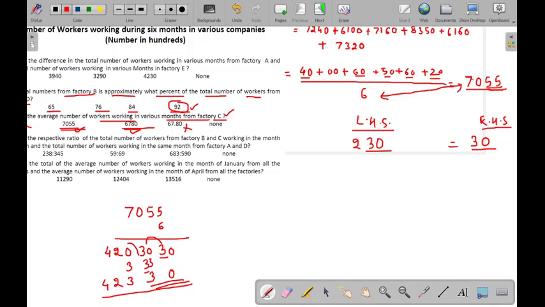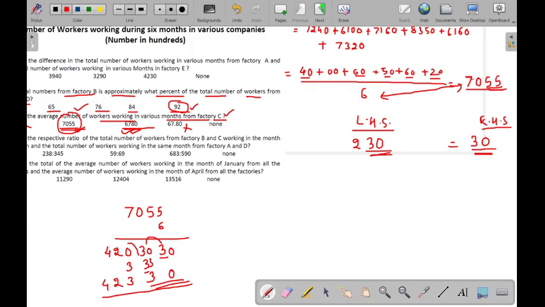The last two digits are 30 on the left hand side, and the last two digits are 30 on the right hand side. It means the digits of both the sides are the same. This is the answer. Now let us check for 6780.